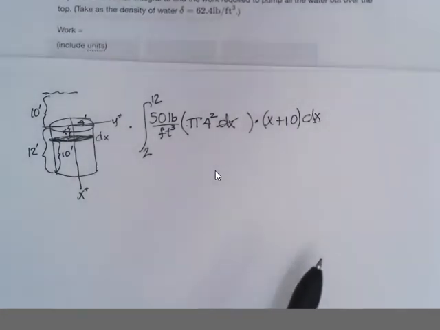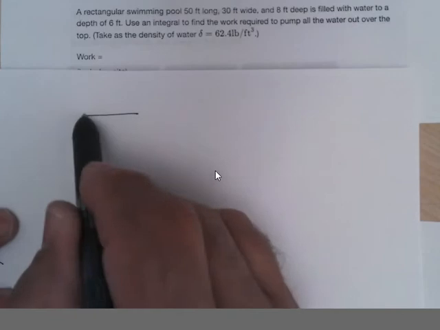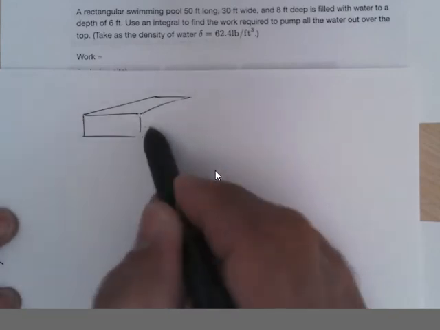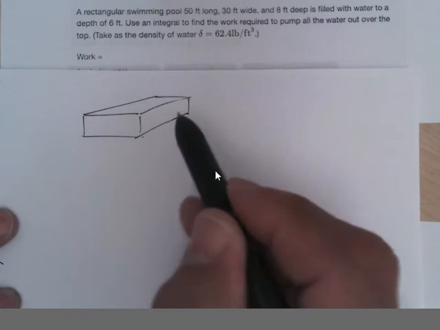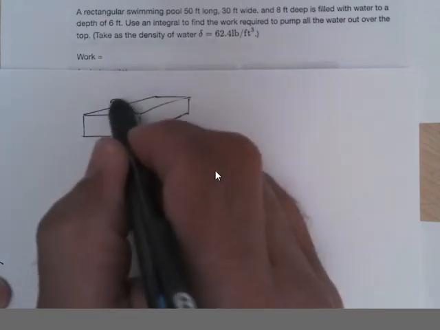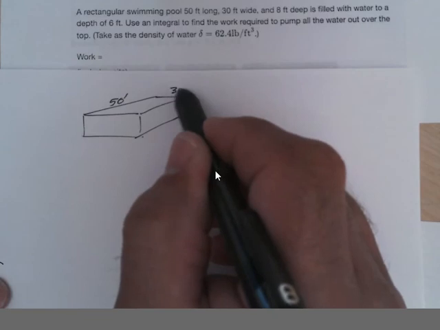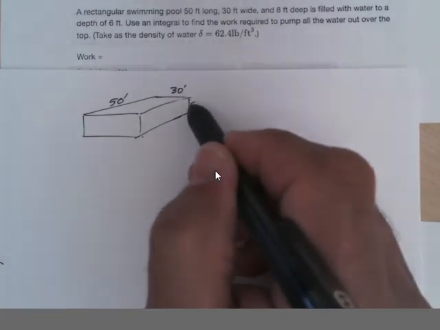3. Now they want us to empty a rectangular pool. Okay, so the rectangular pool will be something like this. It's 50 feet long, 30 feet wide, 8 feet deep.